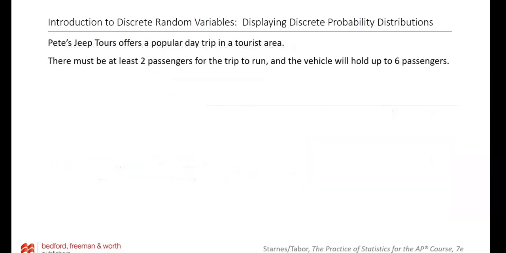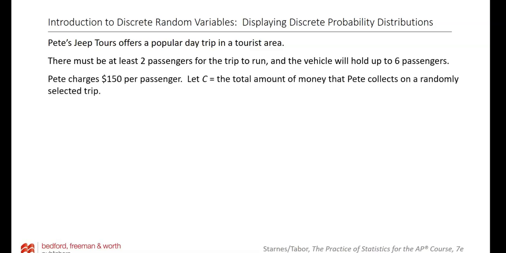Pete's Jeep Tours offers a popular day trip in a tourist area. There must be at least 2 passengers for the trip to run, and the vehicle will hold up to six passengers. Pete charges $150 per passenger. So C is the total amount of money Pete collects, so it's going to depend.